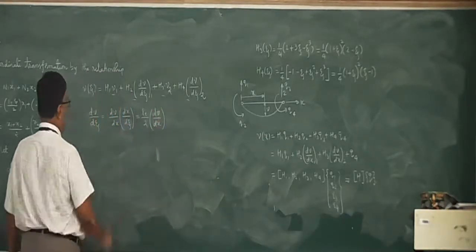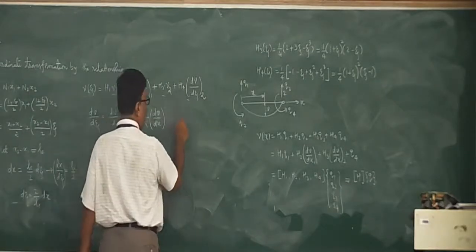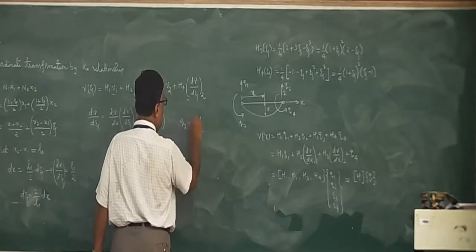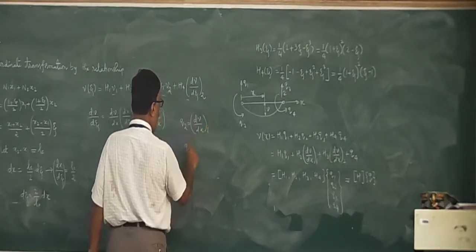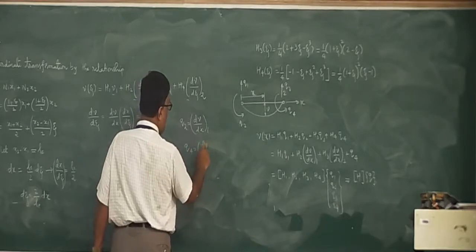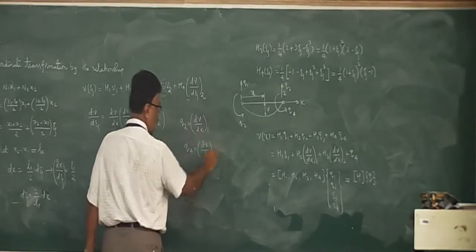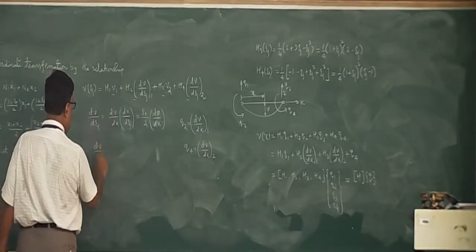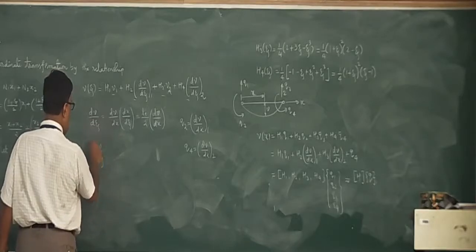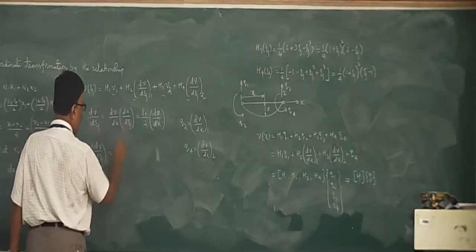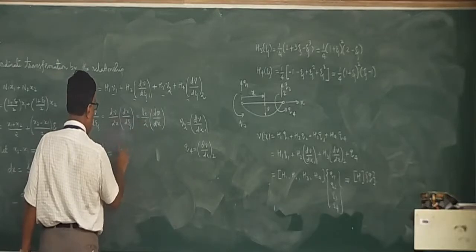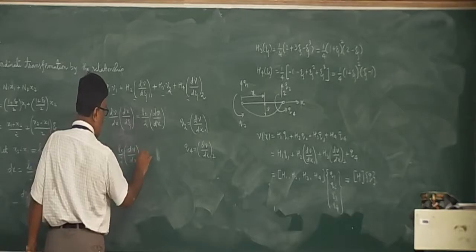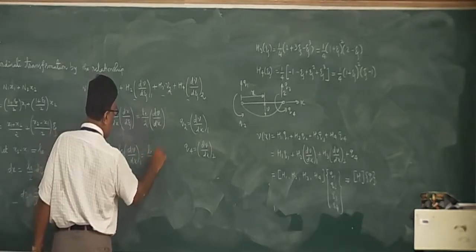Since I have already told you, Q2 is given by dV/dx at 1 and Q4 is given by dV/dx at 2, if I want the value of dV/dζ at 1, it is going to be LE by 2 into dV/dx at 1, which is nothing but LE by 2 into Q2.